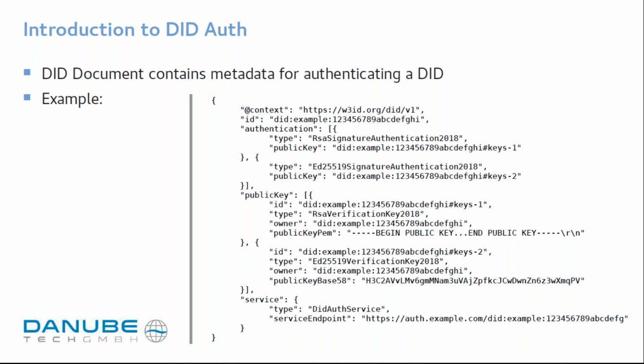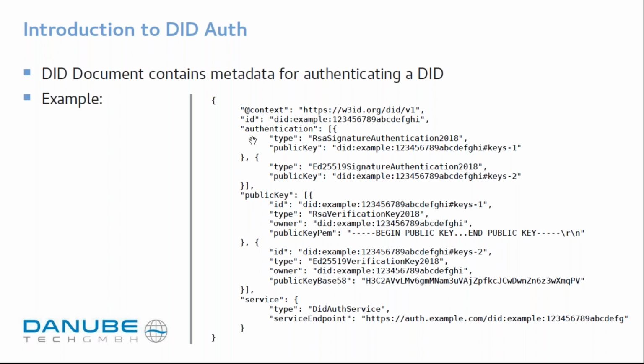So roughly speaking, it means three interesting things that we can find in the DID document. So we can find public keys, cryptographic material associated with the entity that's identified by the DID.